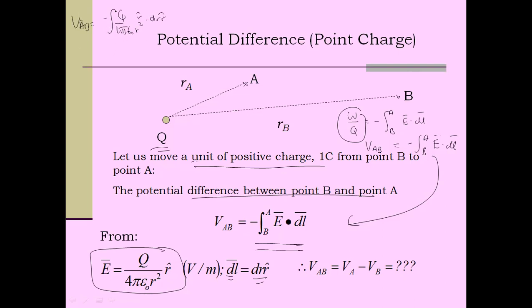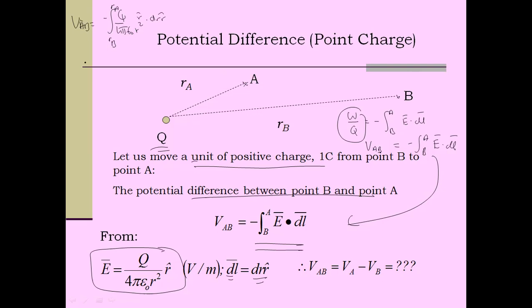This integration is taken from the distance of point B, the initial point, to the charge, which is RB, to RA, the distance from point A to the charge.